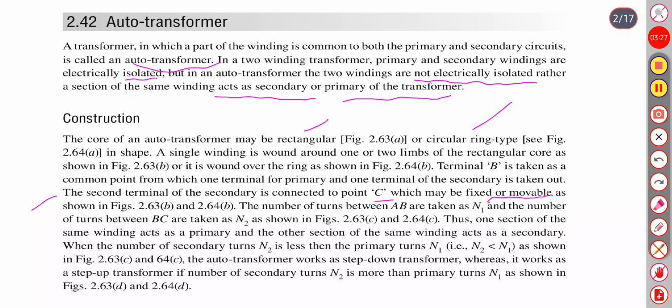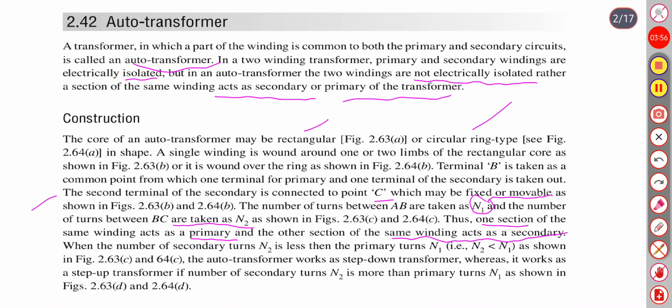As shown in the figure, the number of turns between AB are taken as N1, as I have earlier told you. The number of turns for BC are now taken as N2. Thus, one section of the winding acts as primary and the other acts as secondary.